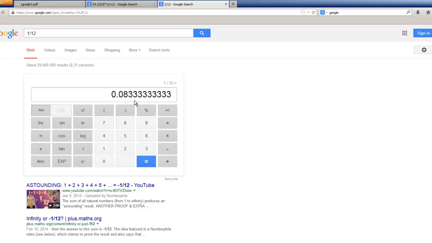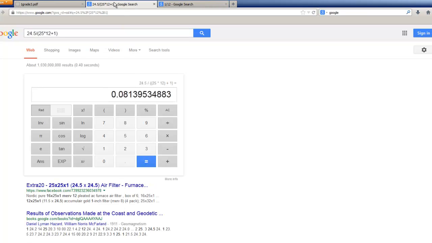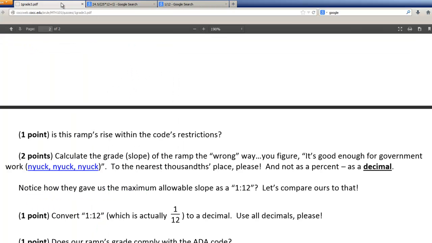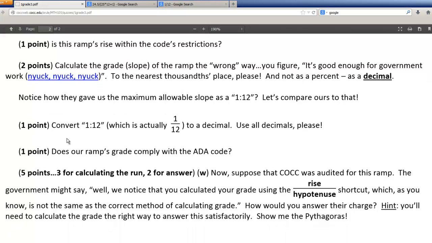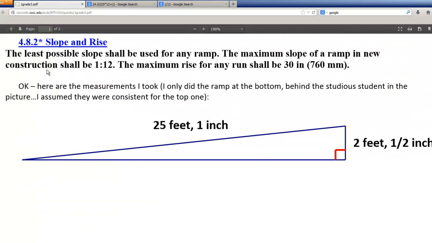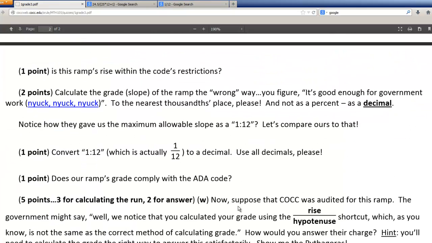Comparing 0.083 repeating to 0.081, 0.083 is bigger because it's 3 and not 1. Does our ramp grade comply with ADA code? The maximum slope is 1 in 12, and ours comes in under, so it's okay.